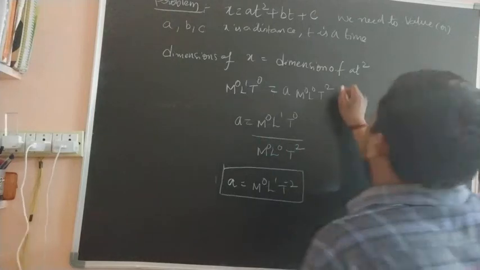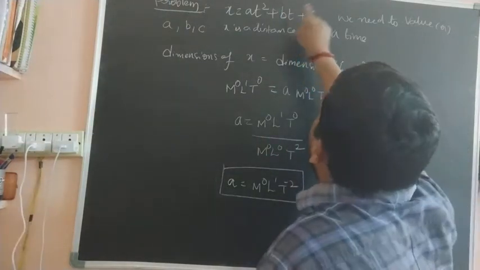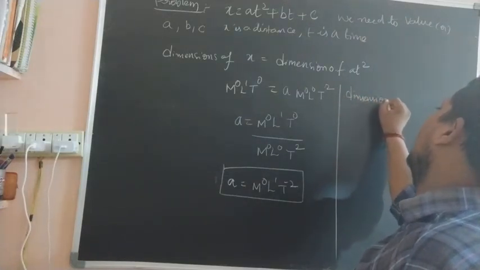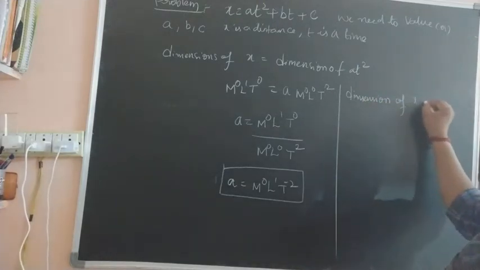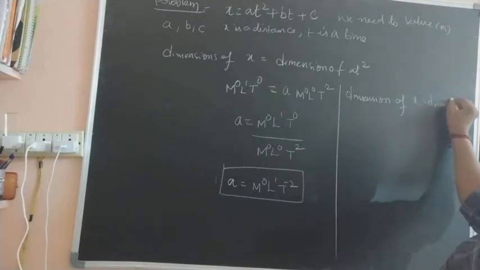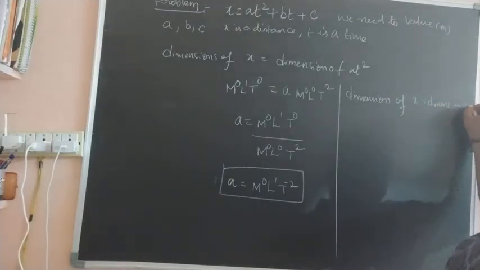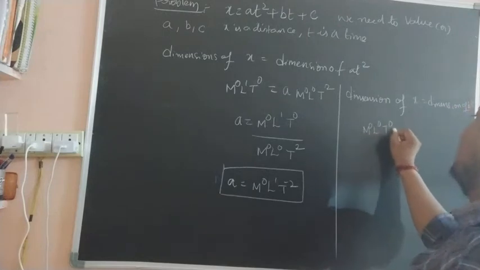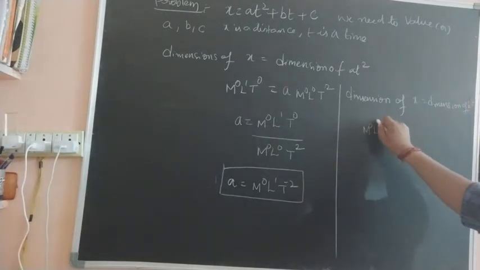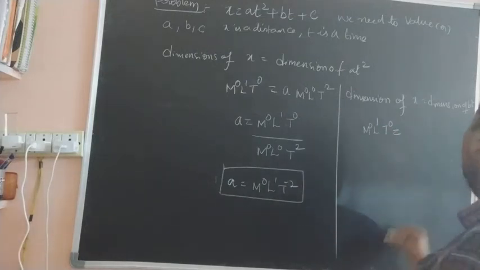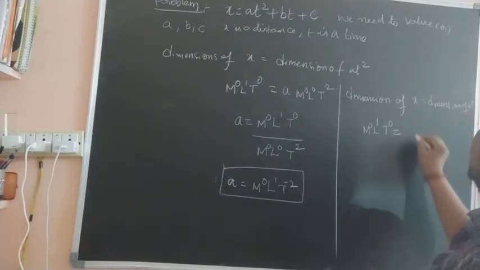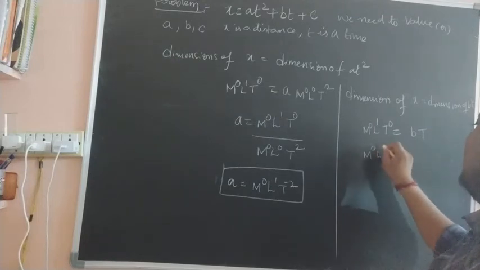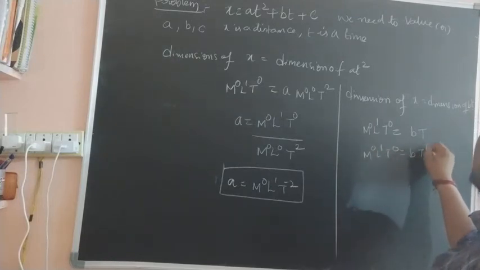In the same manner, we can find the dimensions of B. We assume that the dimension of x is equal to the dimensions of BT. m power 0, l power 1, t power 0 is equal to b into t to the power of 1.